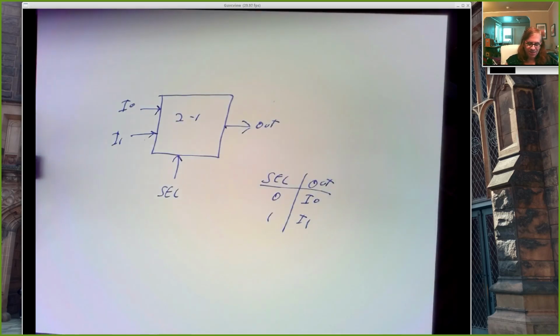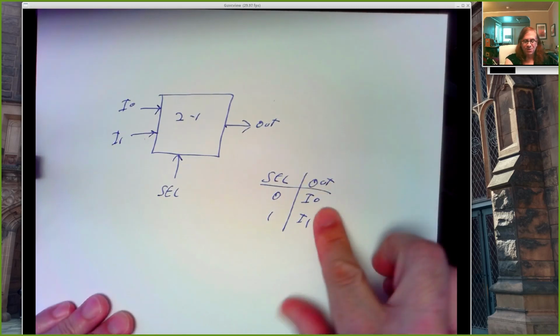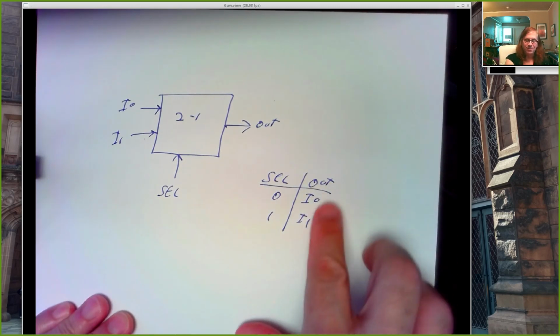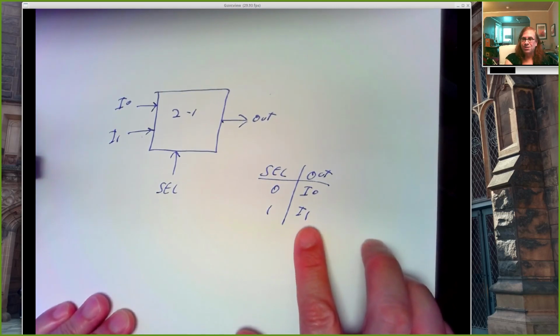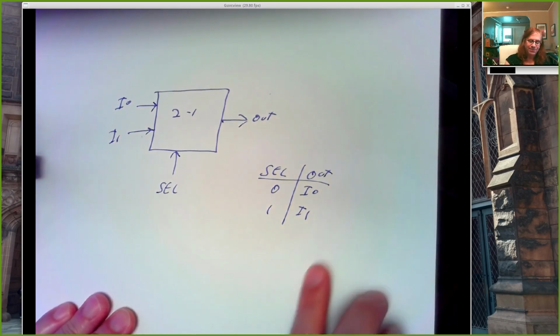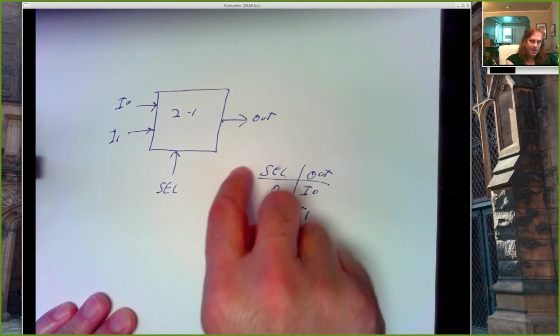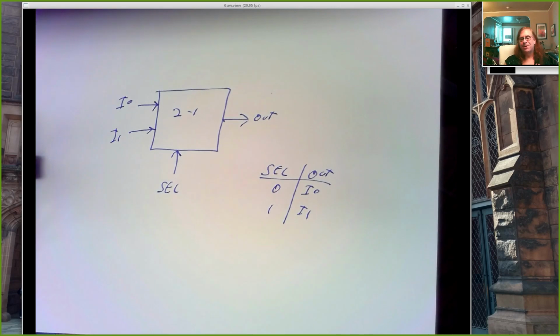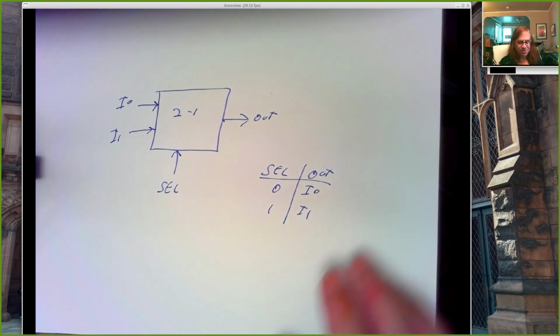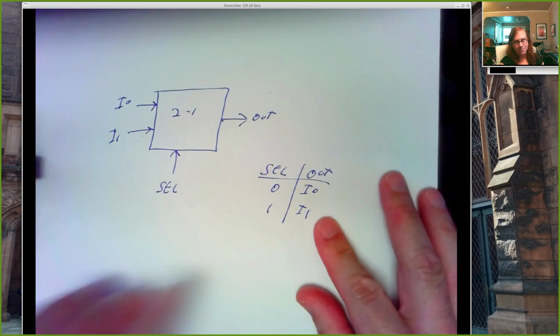And so this is not a usual truth table because we don't have just ones or zeros here. We've got these signal names here. But we can turn this into a truth table by having a column for I0 and a column for I1 on the inputs, and then filling in the ones or the zeros. And we can make a K-map and equations and all that kind of stuff. But this is really the behavior that we're after.